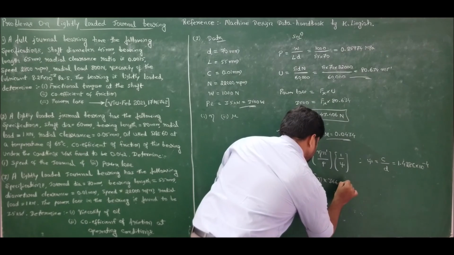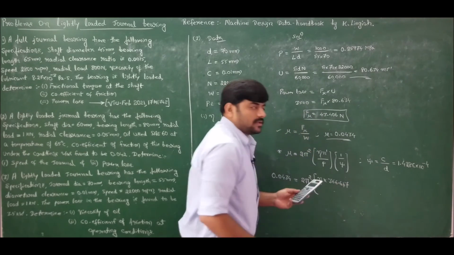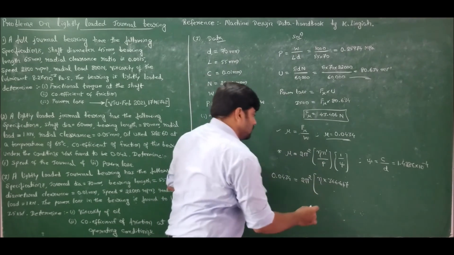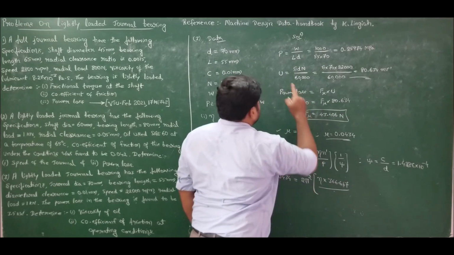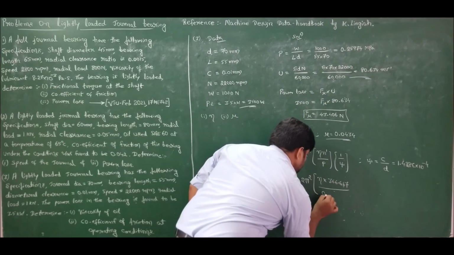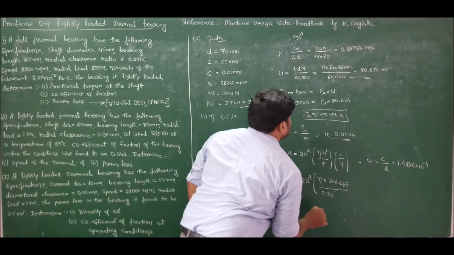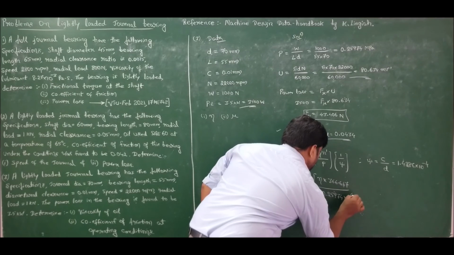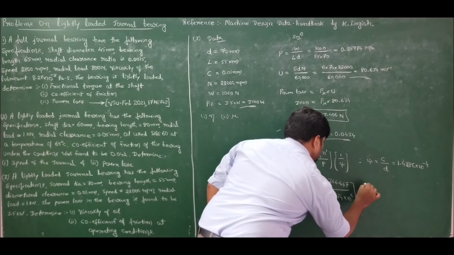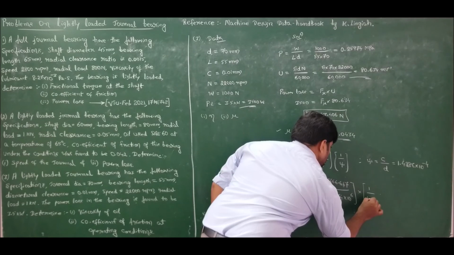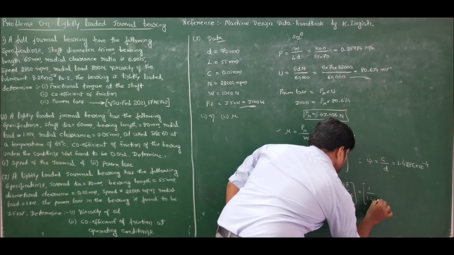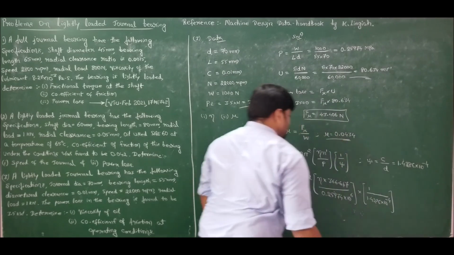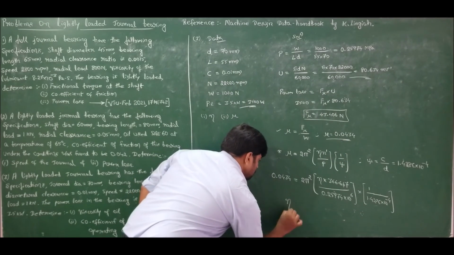N dash should be in RPS, revolutions per second. This is in RPM, so divide by 60. Bearing pressure should be in Pascal, so I substitute 0.25974 into 10 to the power of 6, into 1 by xi, 1.4286 into 10 to the power of minus 4. If I solve, I will get the viscosity of oil.